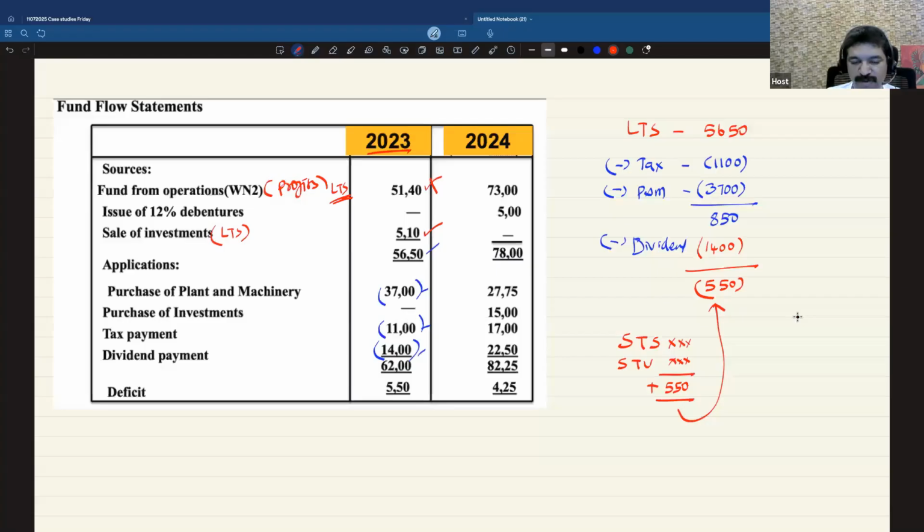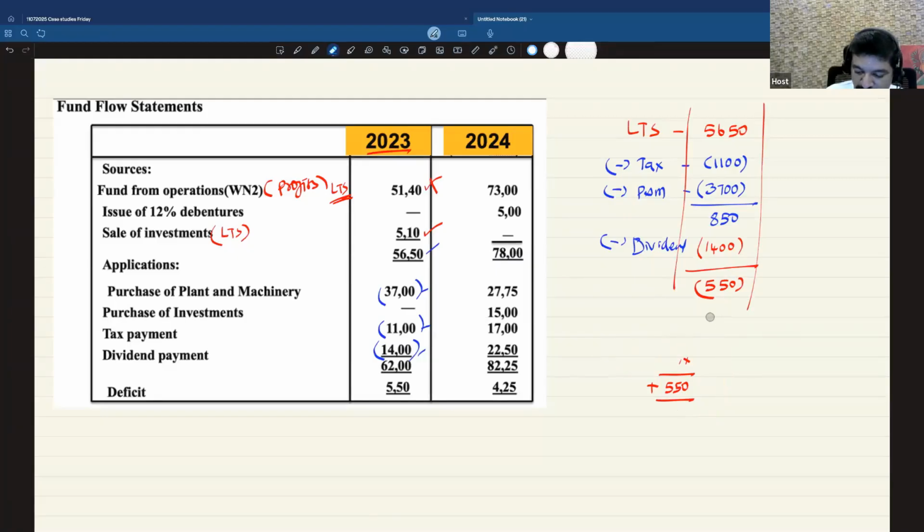This surplus of 550 may be money payable to some supplier, money payable to a banker, or advance received from a customer. Do you think what the company has done here is right? Answer is no, right? If you look at it from this angle, this is wrong. So what could this company ideally have done in this situation?